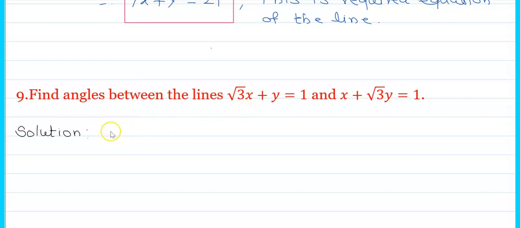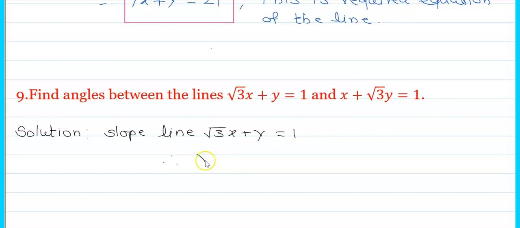Slope of the line root 3x plus y is equal to 1. We can write it in the form y is equal to mx plus c.